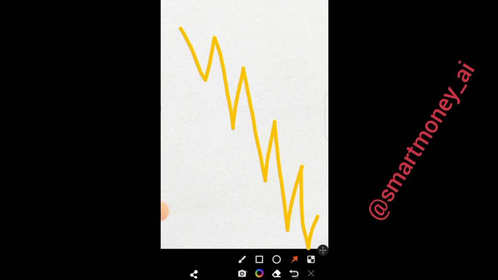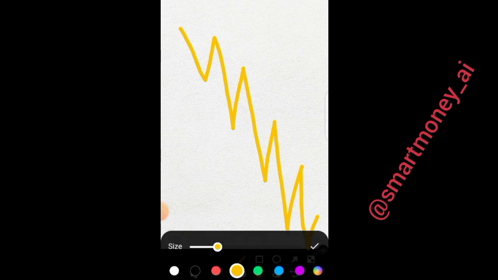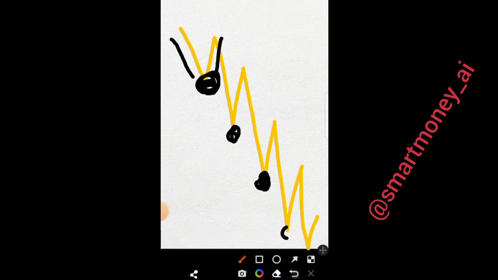You see this one here, price was coming downwards, it reached this point and then decided to stop and move upwards, right? So this is a support. We have another support here, and then another one here, and also another one here. So we can mark all these as our support.